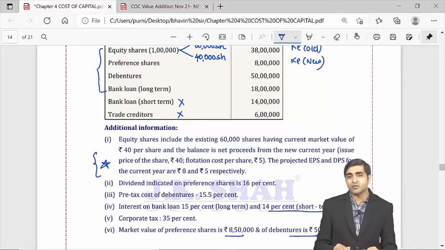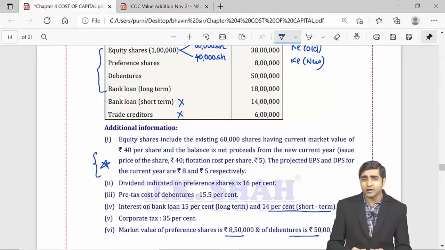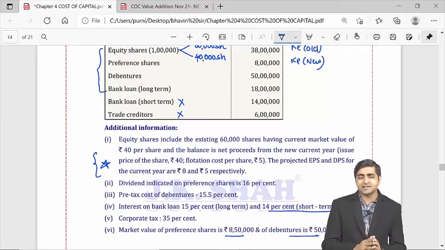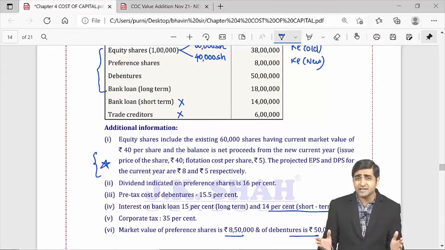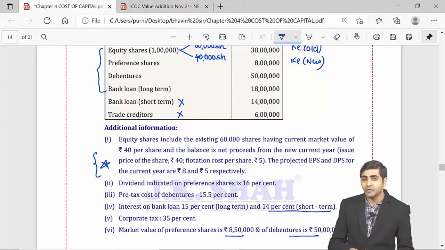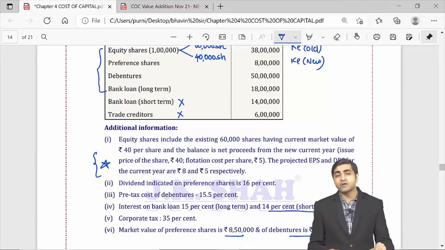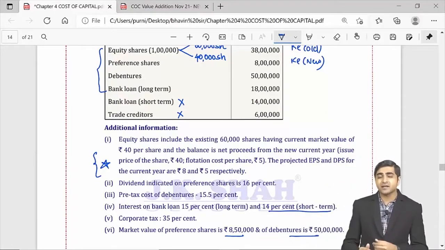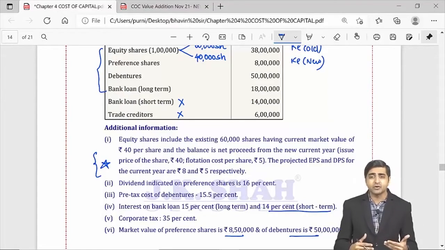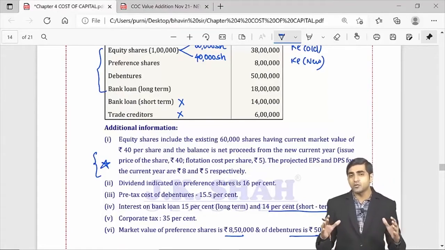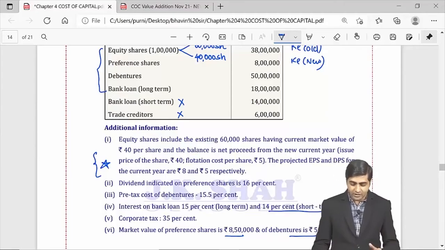So in this particular question, we are required to calculate your KD, KP, etc. and we are required to calculate your WACC using your market value weights. Okay. So guys, when no information is available but the market prices of financial instruments are given to you, then definitely market value weights will be taken into consideration.